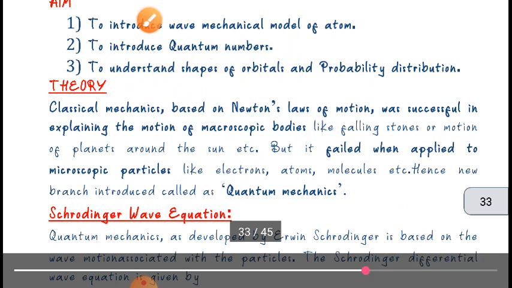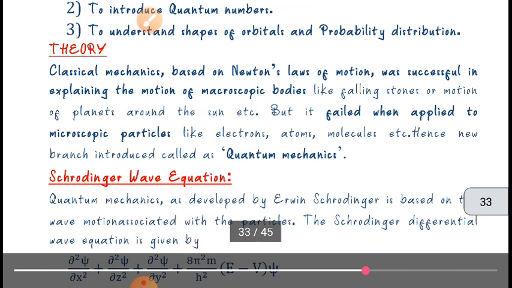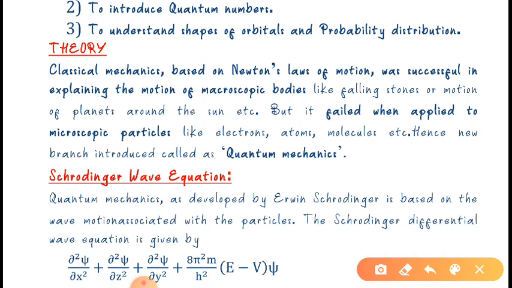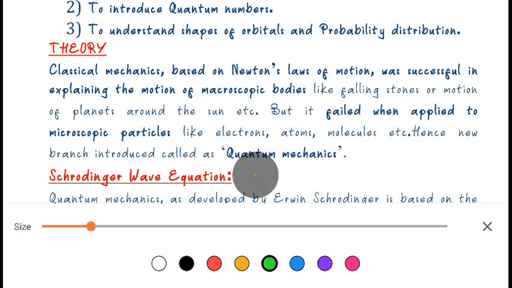Now after that we will see the difference between orbit and orbital.